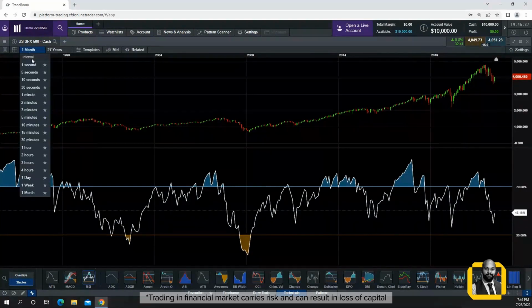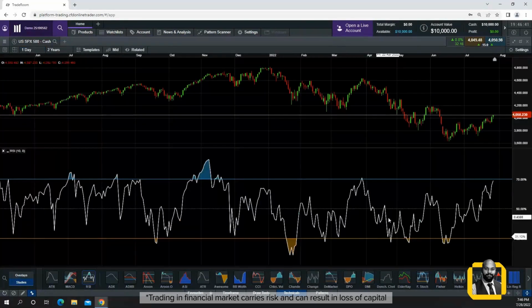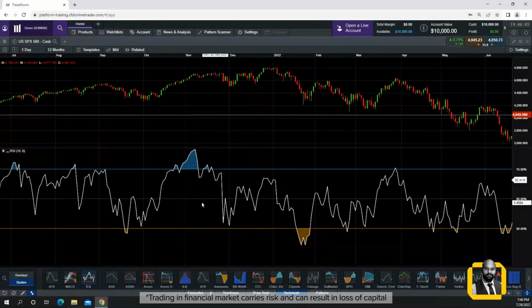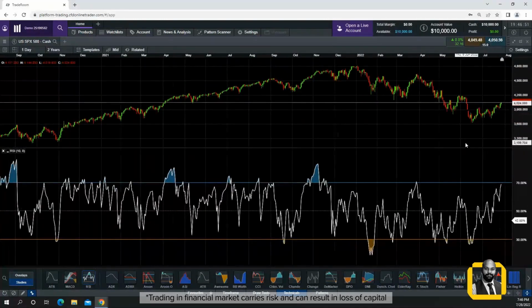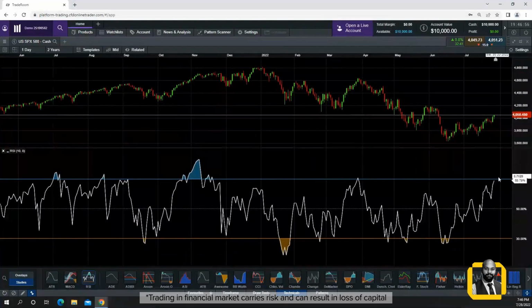Now, if I dive into a smaller time frame, let's come down to a daily time frame. Now you see on a daily time frame, market has gone to overbought, oversold positions. It was recently again at oversold position at this price. Now it is almost coming to overbought region again. So this is how the oscillator works.